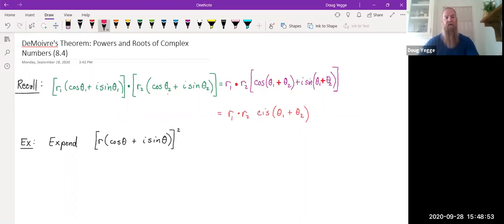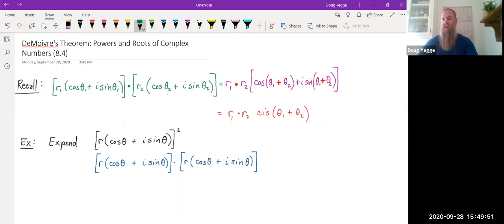So let's just start off by raising this number to the power of 2. We expand this out and multiply, we're really just multiplying by itself. So in applying this formula, we're multiplying the radii, and now we're adding together the angles.